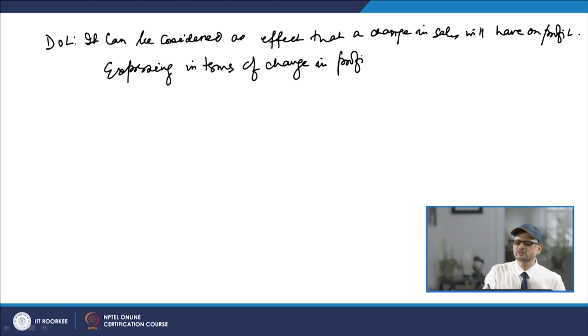Because income will be changing, profit will be similarly changing. Profit is expressed as pi.